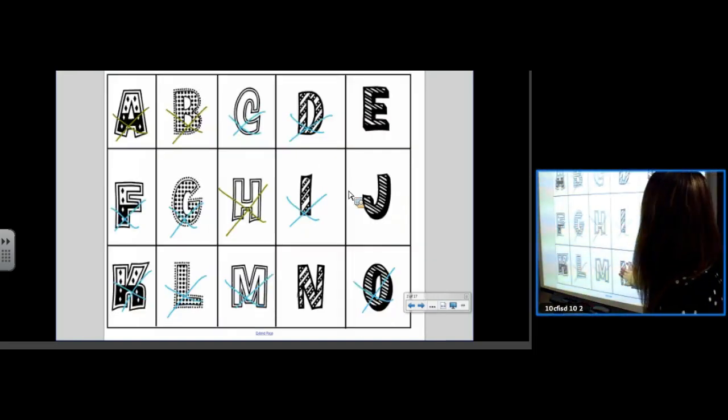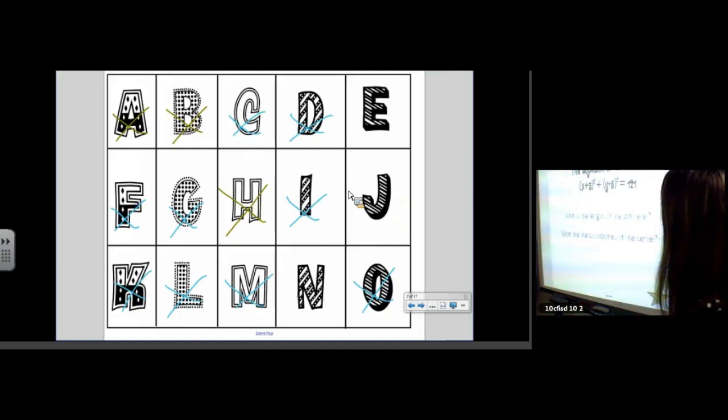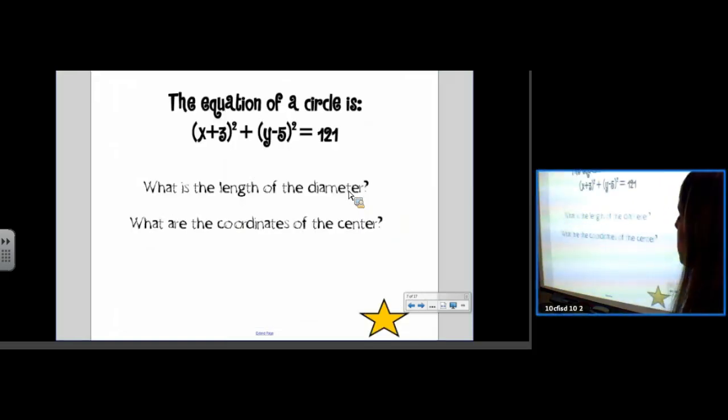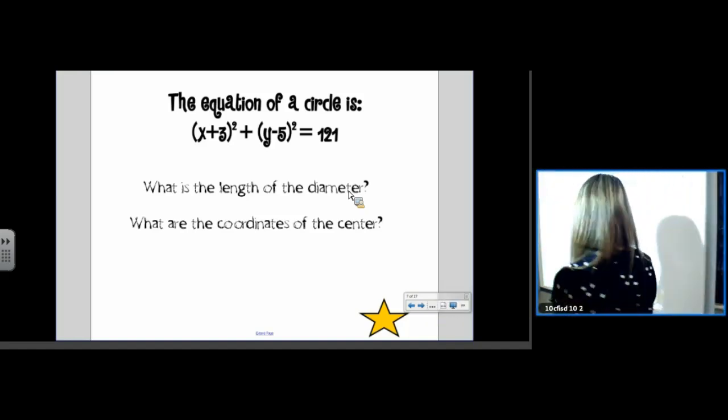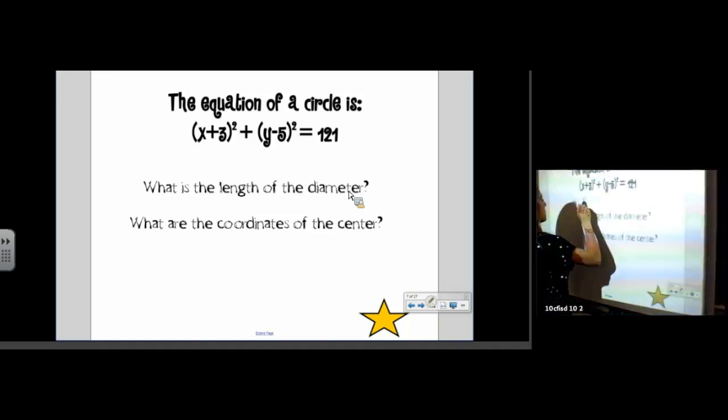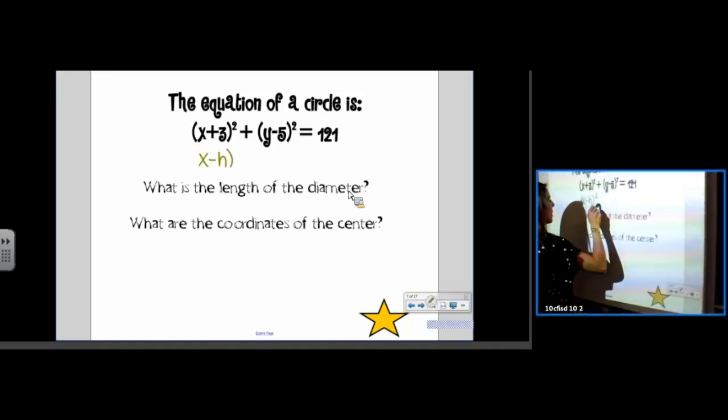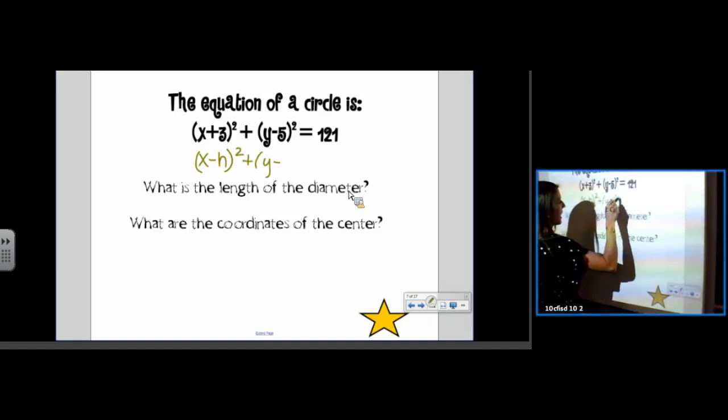Last one. Oh, two more. The equation of a circle is (x + 3) squared plus (y − 5) squared equals 121. What is the diameter and what are the coordinates of the center? So we need to remember what these pieces mean. The equation is (x − h) squared plus (y − k) squared equals r squared.